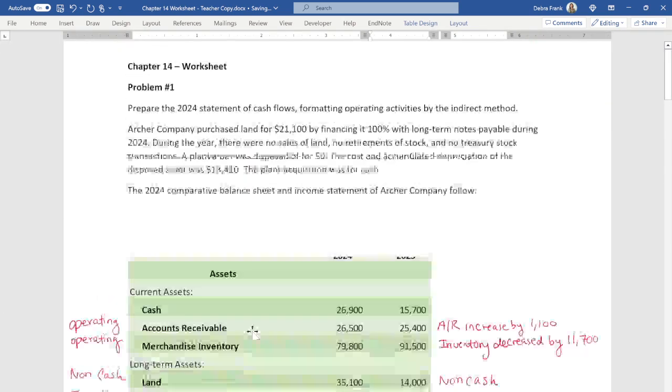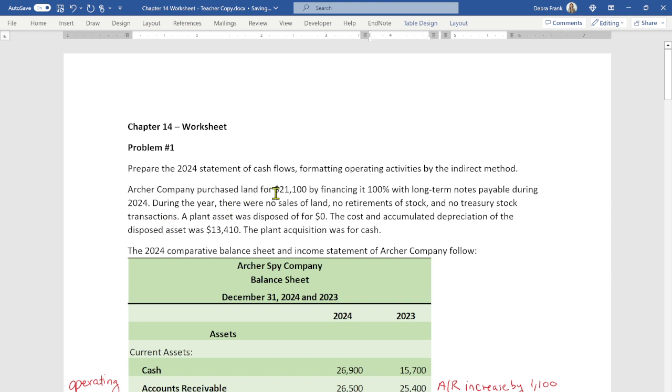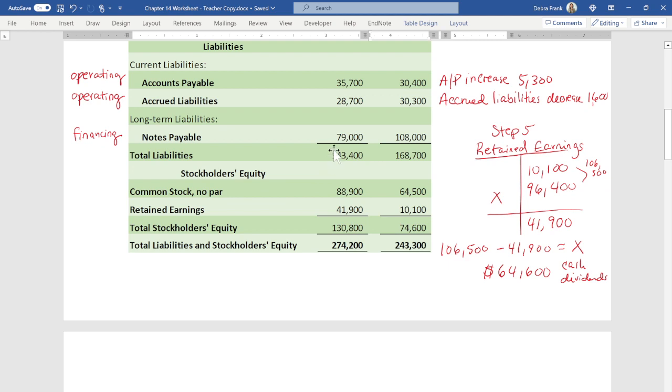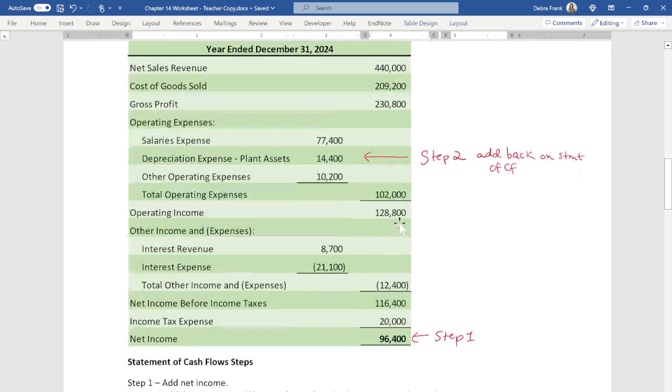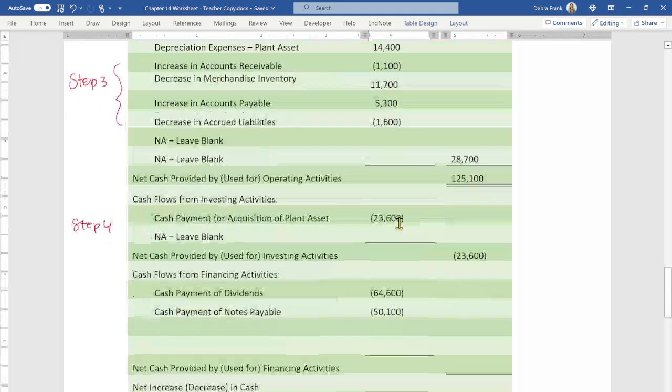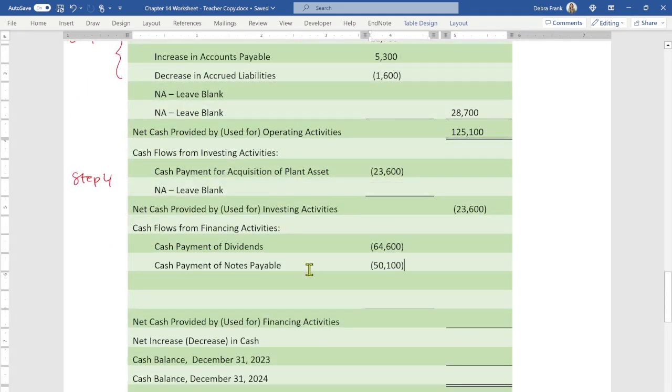That was no cash. That was 100% finance. And we want to figure out what was actually involved with cash for that note. So really, technically, the extra 21,100 must have been paid off for that note payable. So we want to make sure we record that as well as a cash payment. All right, and then let's keep going.